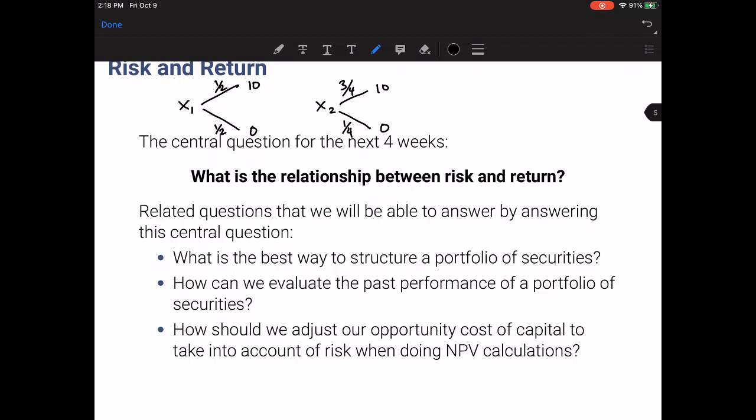So for asset 1, the mean or the price of this lottery or gamble should be the following. I'm going to use E for expected value or expectation, and this will designate our price for asset 1. So asset 1 has an expected value of 1/2 times 10 plus 1/2 times 0. And that's going to give us a price of 5.